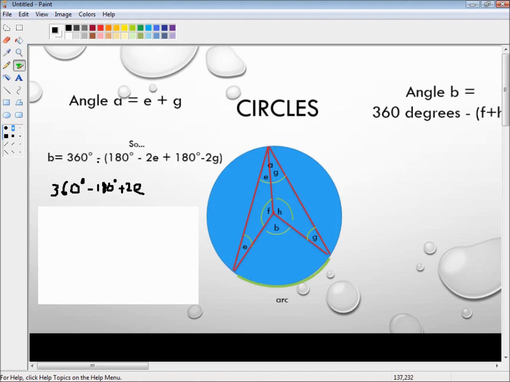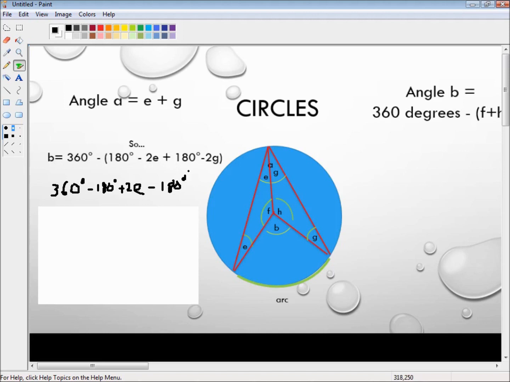So now we're also subtracting this 180 degrees. So this plus 180 degrees, because we're subtracting it from the 360, this then becomes minus 180 degrees. And then again we're subtracting the negative 2G, so that's the same as adding the 2G. In other words, the 2G is taken away from the 180 degrees before whatever's left is taken away from the 360.